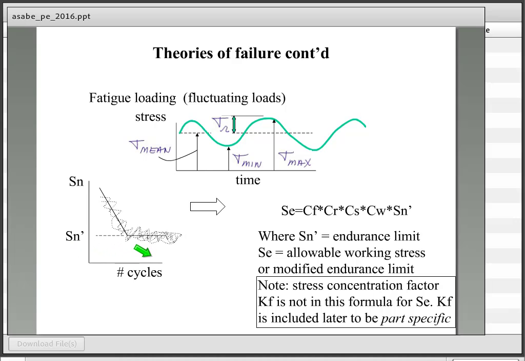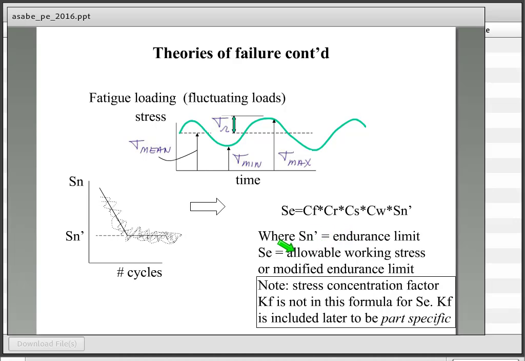And so what the designer has to do if you're dealing with a range load or a cyclical load on a part like this is to remember that this data called endurance limit for the material is for a small, polished, ideal specimen of the material.